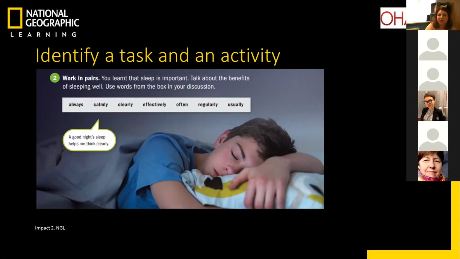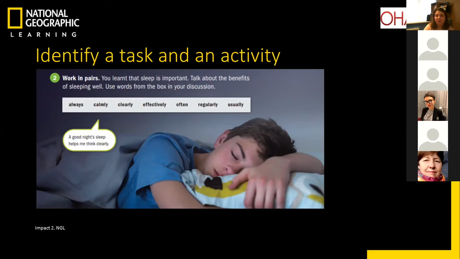Again, if you want to share your ideas, you can switch your microphones on and share them. Okay. Well, the activity is the following: it's a pair work.